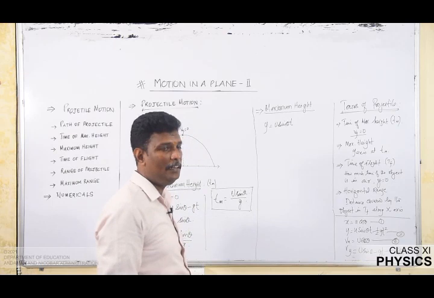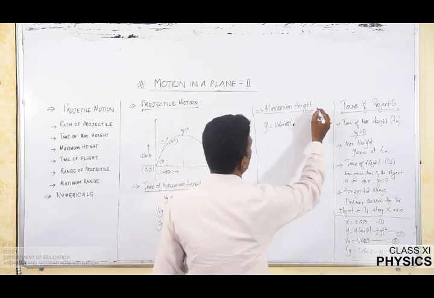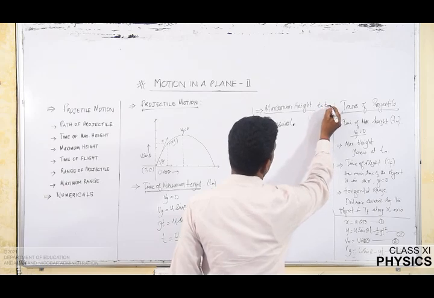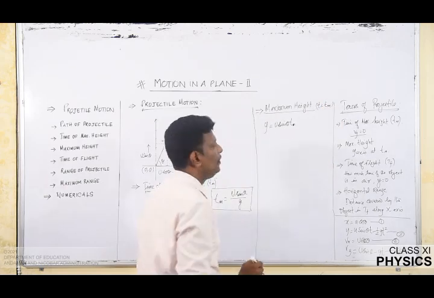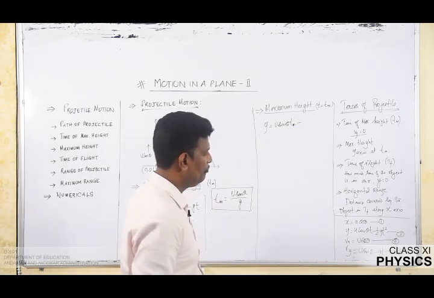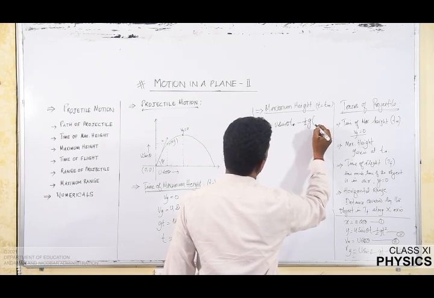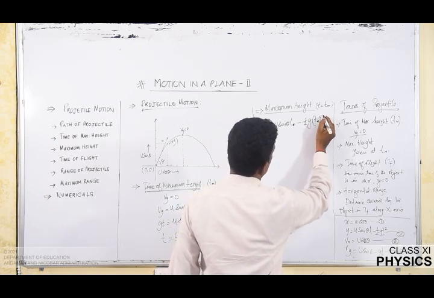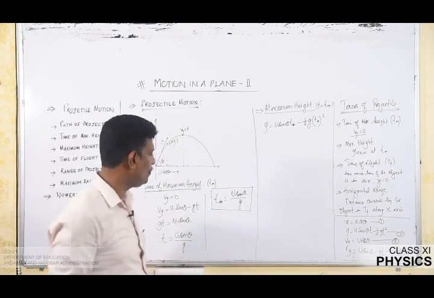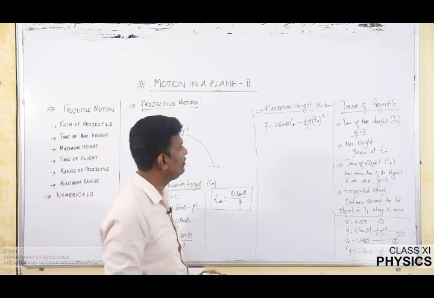In place of t we can write Tm, because we have taken t is equal to Tm. So, u sin theta Tm minus half g Tm square. Now, we know the formula Tm is equal to u sin theta by g, we can put the value here.